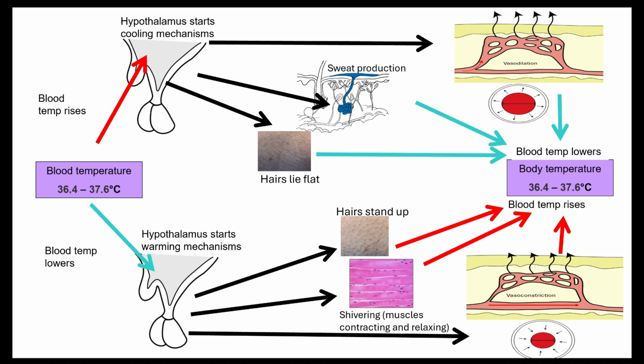I have reversed the magnitude of that stimulus by negative feedback through these responses. So it's important you understand the thermoregulation of the endotherms and how that ensures that they maintain that internal body temperature at a constant level.